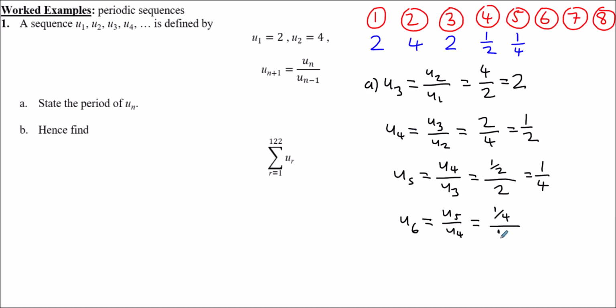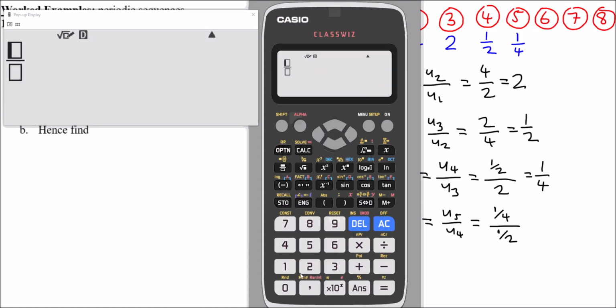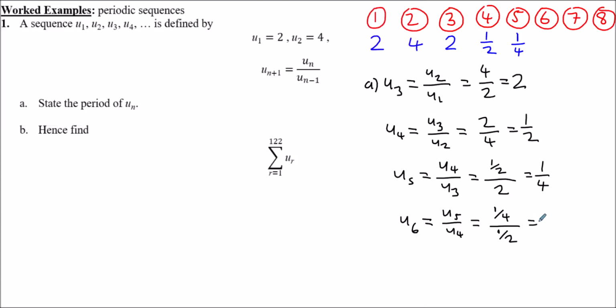A quarter divided by a half. This goes back to GCSE, dividing one fraction by another. You can do keep, flip, change, or if you want to, you can use your Classwiz. It's absolutely fine. If you want to use your Classwiz, I'd suggest actually doing that. So a quarter, I'm going to just write as 0.25. A half, I'm going to write as 0.5. I get a half. So the sixth term is a half.